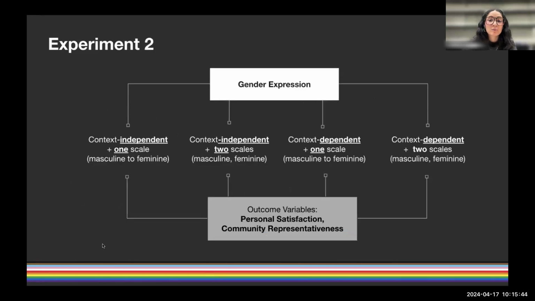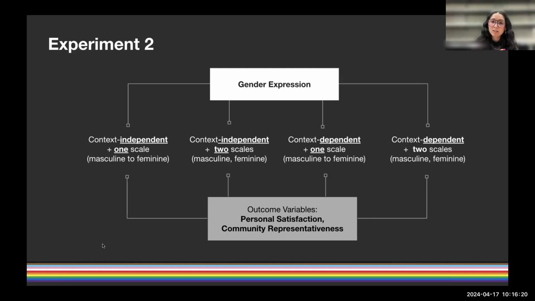Okay. So experiment 2. We also were interested in measuring gender expression. We found relatively little literature on the subject, and we'll go into a bit about why this is an important thing to measure in the next slide. But to review the experimental design, we asked individuals to describe their gender expression in a context-dependent way, so in a variety of contexts, and in a context-independent way.